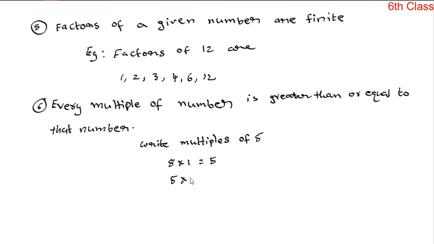5 multiplied by 2, and so on. The products we get by multiplying the numbers 1, 2, 3, 4 by the given number are called multiples of the given number. Here 5 is the given number, multiplied by 1, 2, 3, 4 and so on. 5 twos are 10, 5 threes are 15, 5 fours are 20.